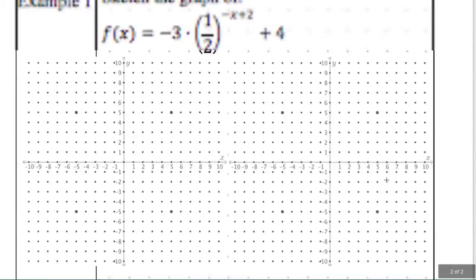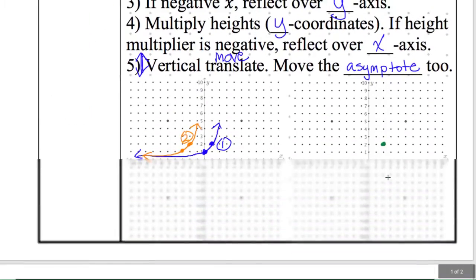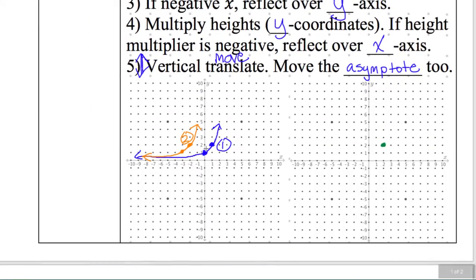This point also gets reflected over the y-axis. So there is what my function looks like after step 3. And again, the asymptote has not moved. This is step 3.